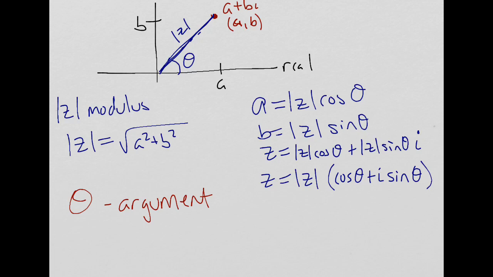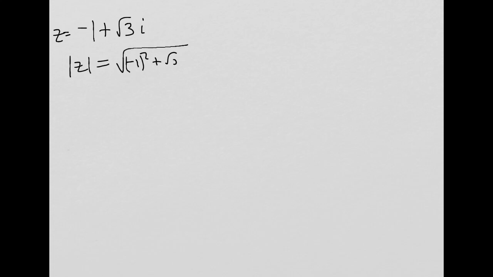So if I wanted to start with a complex number, like -1 plus root 3i, and I wanted to write this in its polar form, call it z, I can find the modulus of z, and that's going to be the square root of (-1) squared plus root 3 squared, square root of 1 plus 3, so that's going to be 2.